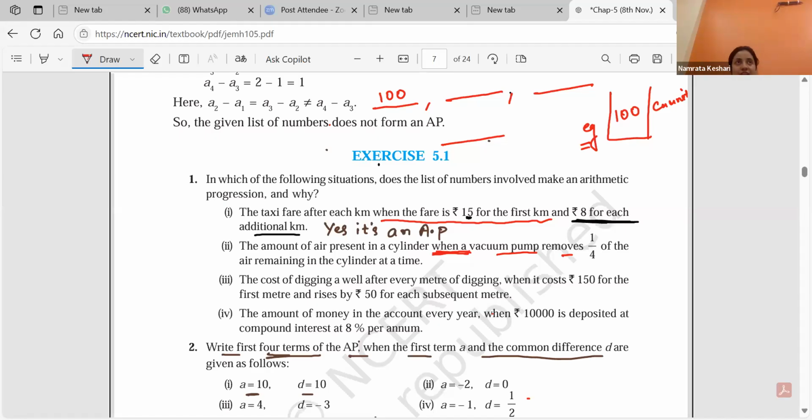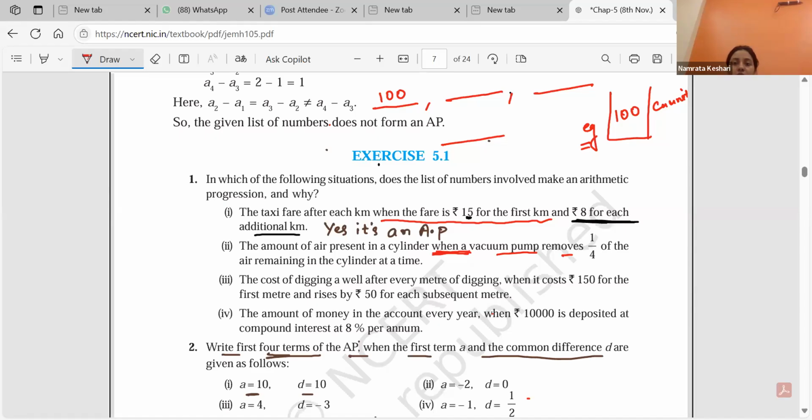Once you press the vacuum pump, 1/4 of the air is removed. 1/4 of what?